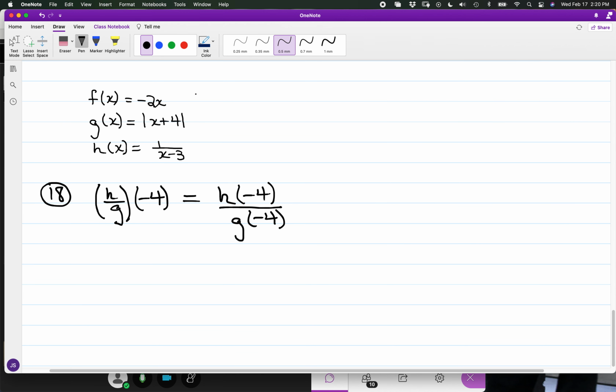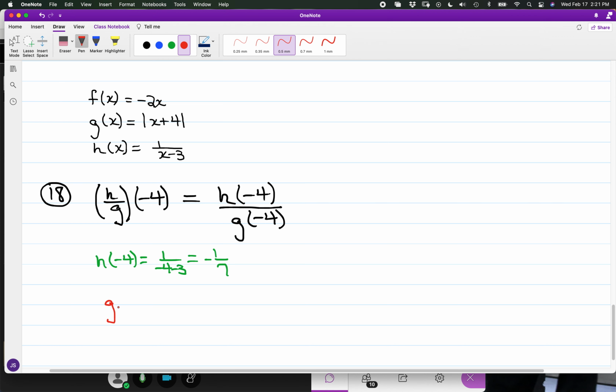And if I apply the specific case right away, if I go ahead and identify h of -4, I have 1 over -4 minus 3. And so you have 1 over -7, or -1/7.